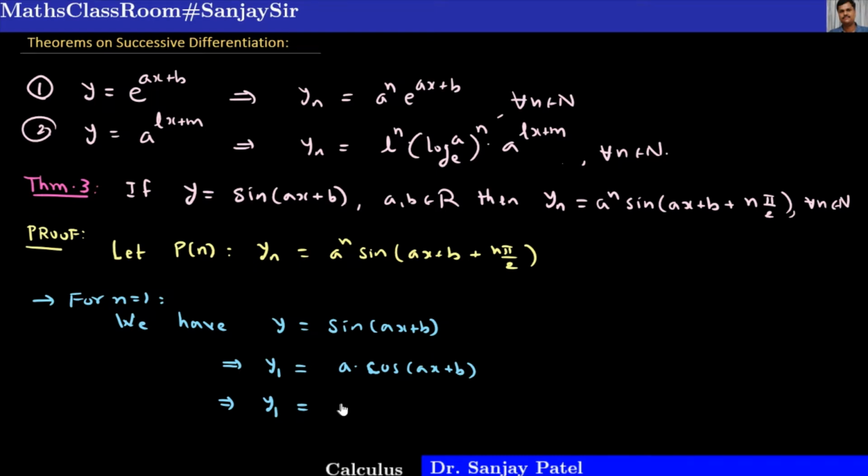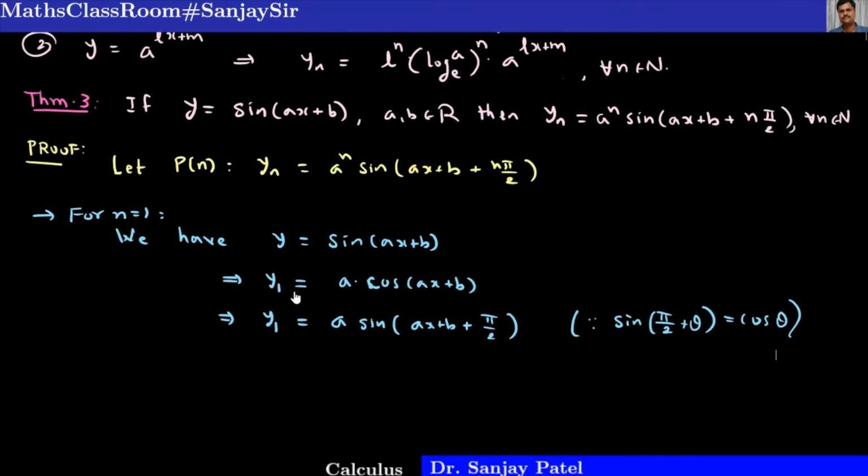So I can replace this cos by sine of ax plus b plus pi by 2, because we know that sine of pi by 2 plus theta is equal to cos theta.